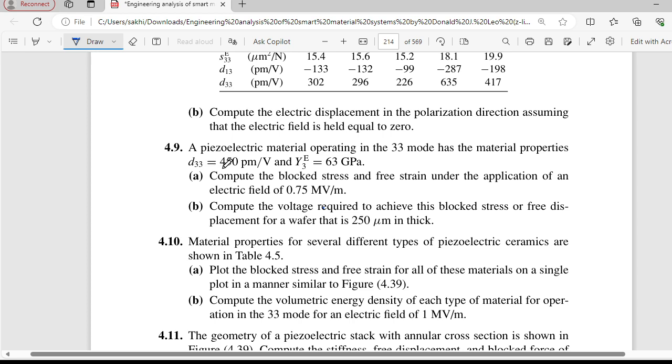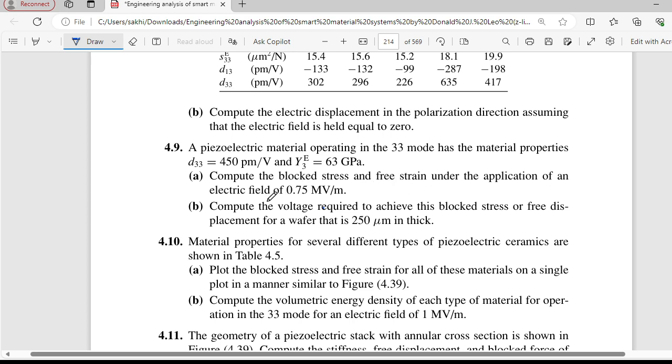The piezoelectric strain coefficient is given, which is 450 picometer per volt, and Young's modulus, which is 63 GPa. With these, we have to compute the block stress and the free strain. Block stress means the stress when the strain is zero, and free strain means the strain when the force is zero, under the application of the electric field.